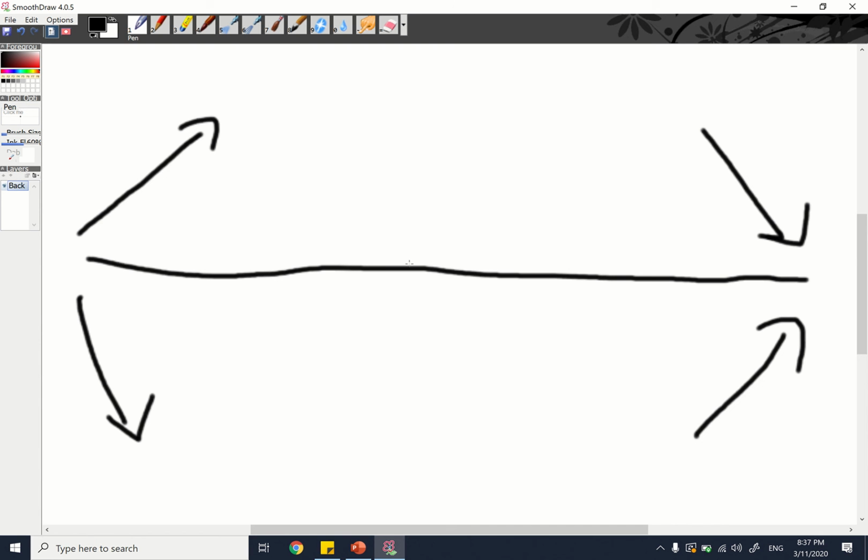So what this line represents is the threshold, the normal glucose level. When it's going above this line, that means there is too much glucose in the blood. When it's below this line, it means you don't have enough glucose.